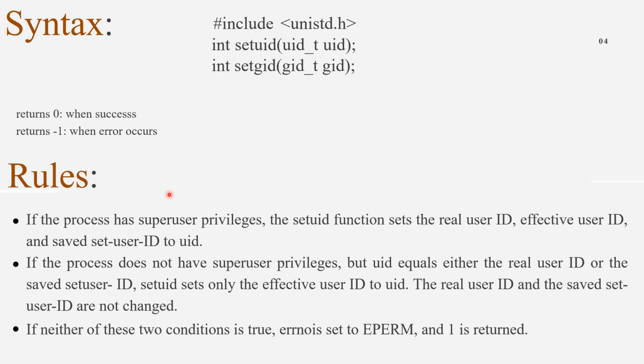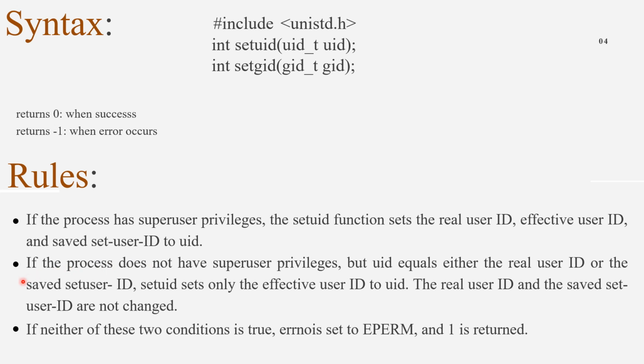They are: if the process has superuser privilege, that is, if it is running as root, then the setuid function will set the real user ID, effective user ID, and also the saved user ID to uid. That is, it will update all three user IDs to the one we are specifying.